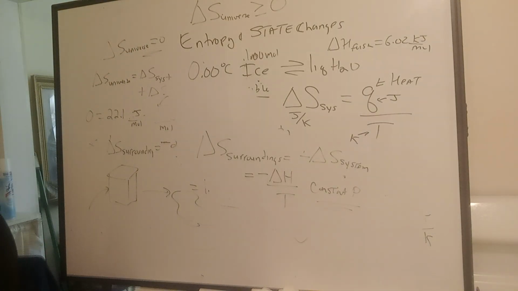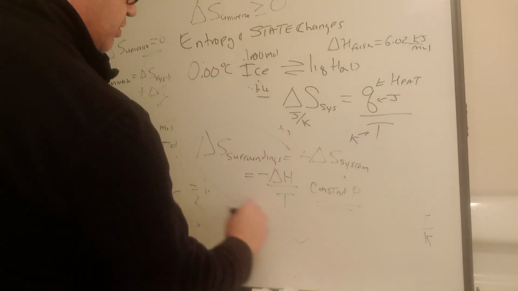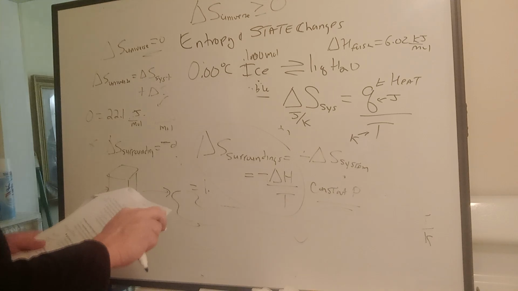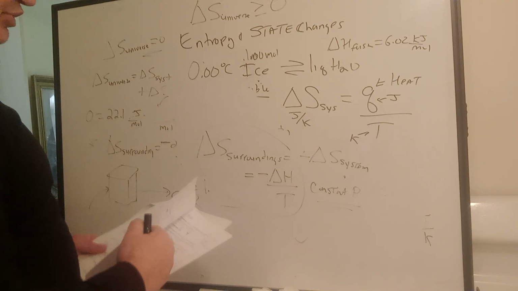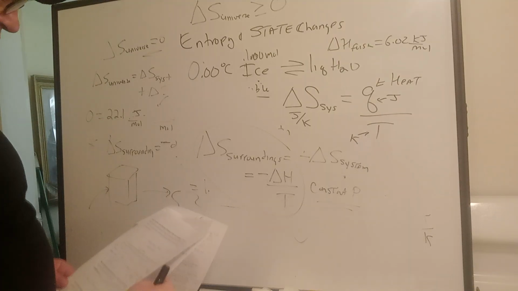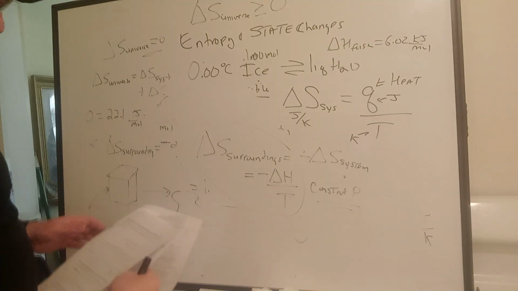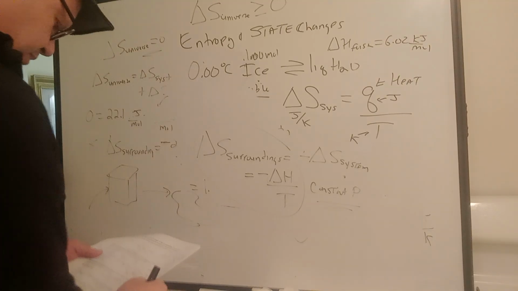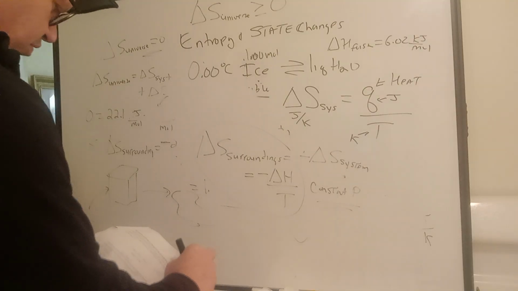So this is a very convenient relationship right here. Delta S surroundings is equal to negative delta H, which is a system variable, divided by T, provided there's constant pressure. So that's something to think about. So that's an important realization.